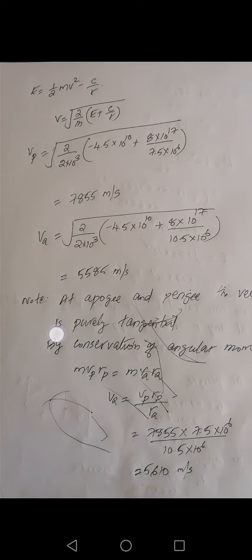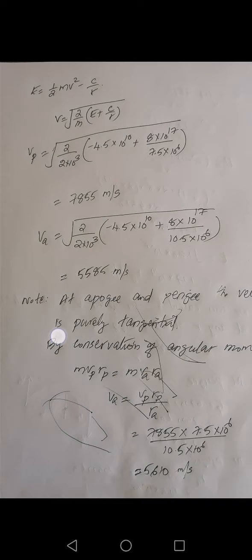Square root of 2 by m is 2 into 10 raised to 3, into E is minus 4.5 into 10 raised to 10, plus c is 8 into 10 raised to 17 by r, the perigee, 7.5 into 10 raised to 6. On calculating, you will get 7855 meter per second.